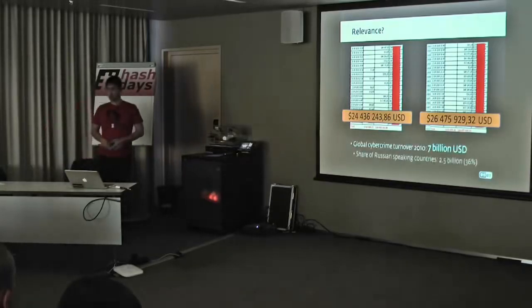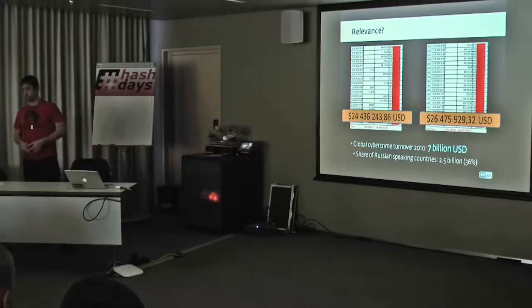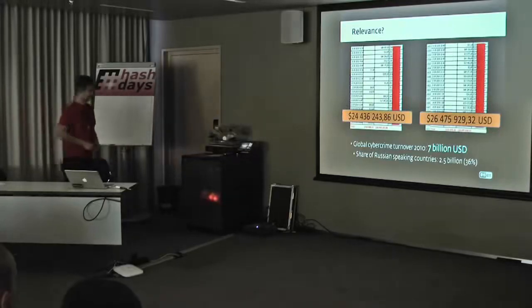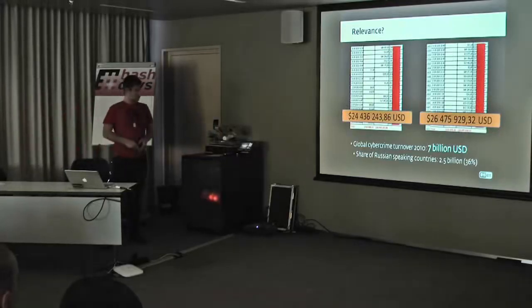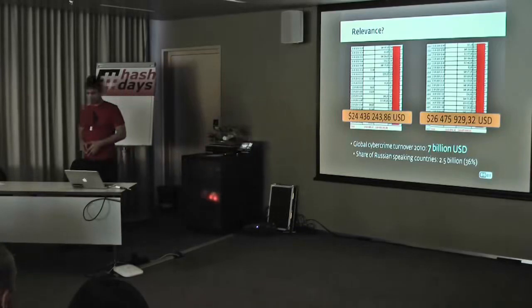And according to the Group IB report, the global cybercrime turnover for 2010 was $7 billion. That's quite an astonishing number. And the share of Russian-speaking countries out of this horrific figure is over 1/3. Now, these numbers are for 2010.